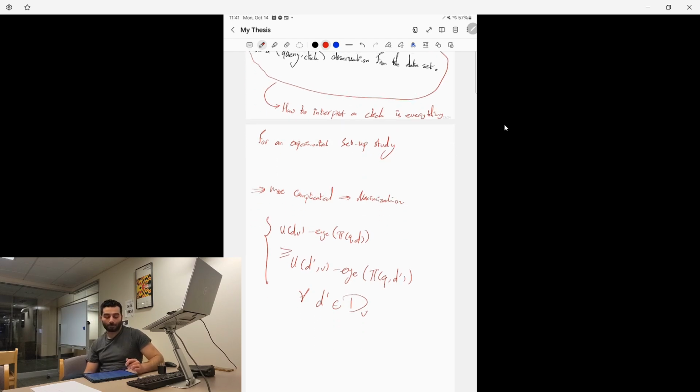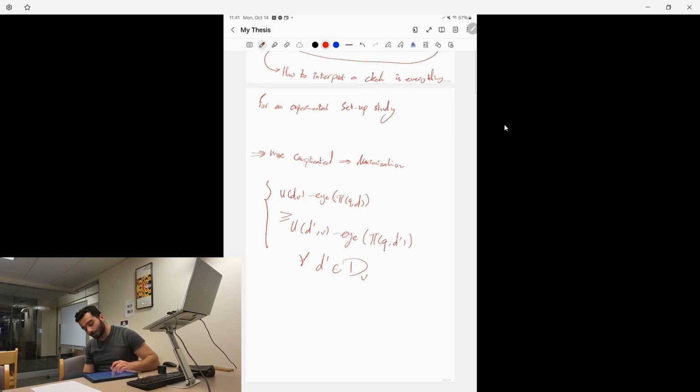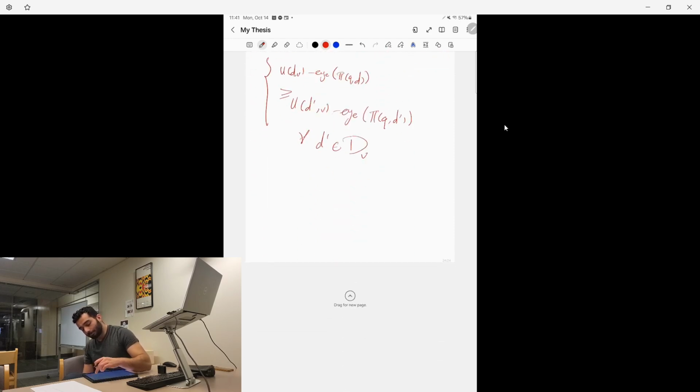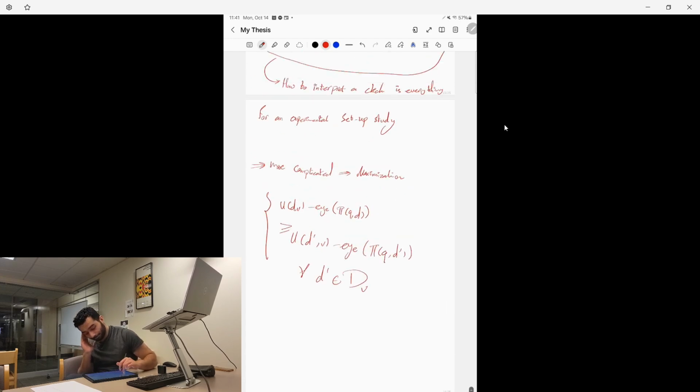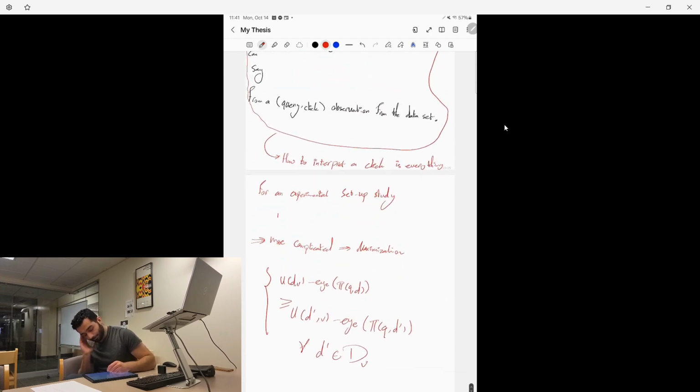If d is chosen, that's what we get. It sounds more complicated. Also, we can say pi is fixed. It depends on our data set.